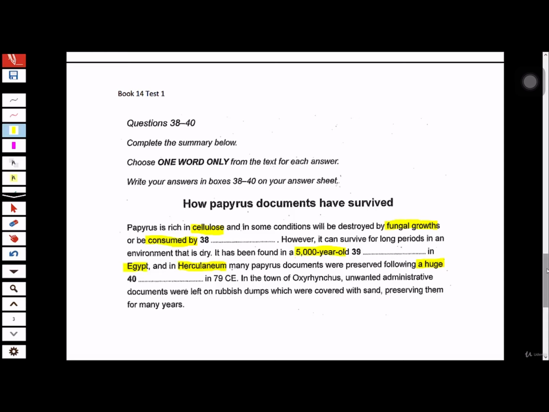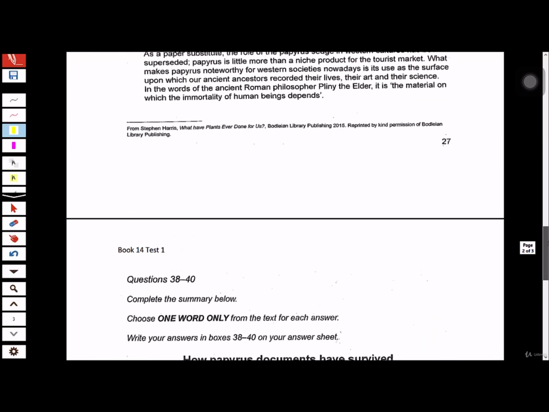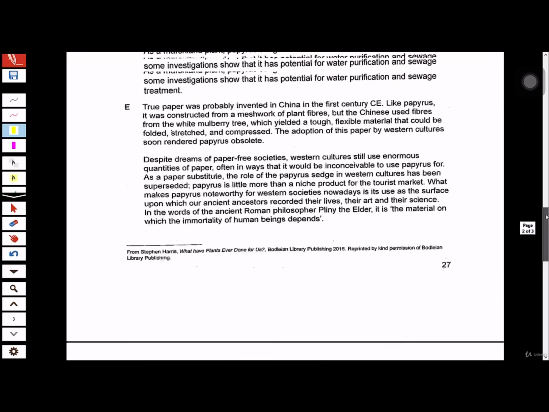We're looking for cellulose, fungal growth, 5,000-year-old, Herculaneum. All right, so let's do a scanning process, everybody. As I said, if you're starting with the multiple choice question, you would have started that scanning process at that point.